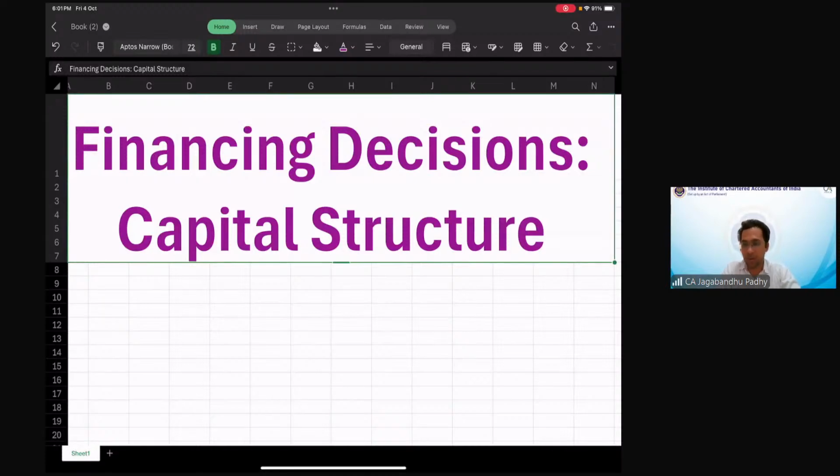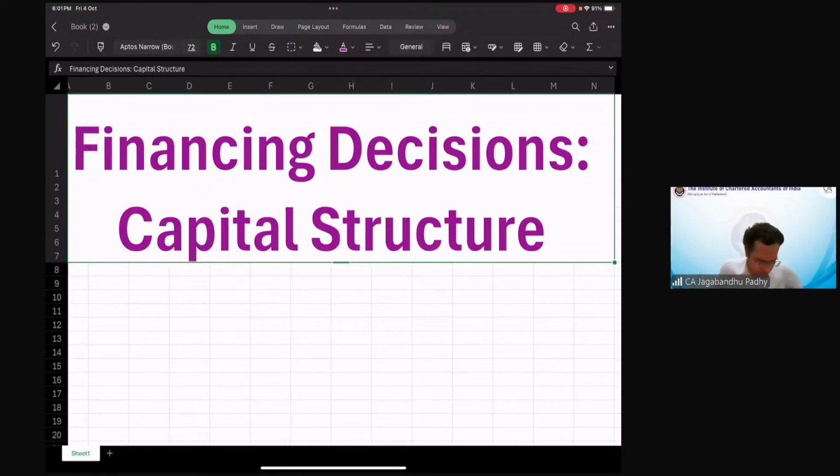So we have been covering this journey of financial management for a few days. We have covered the sources of finance. We've covered the scope and objectives of financial management, right?